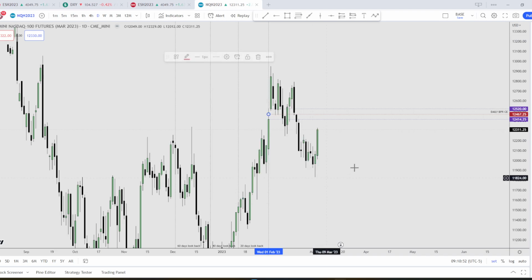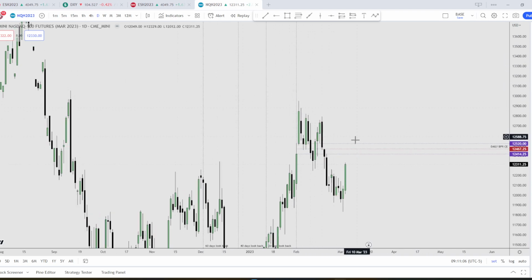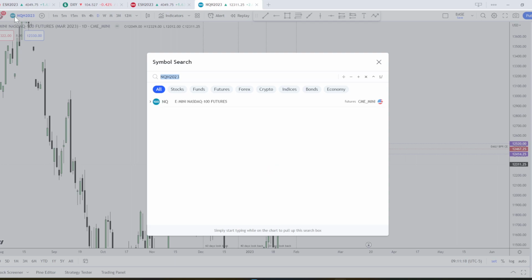So I would like to see this area act as resistance. Once we close above these levels here, then I think we look for the buy stops right here, and we have one over here as well. To me that is highly unlikely, but it's possible. Okay, I would not rule out that probability, right?